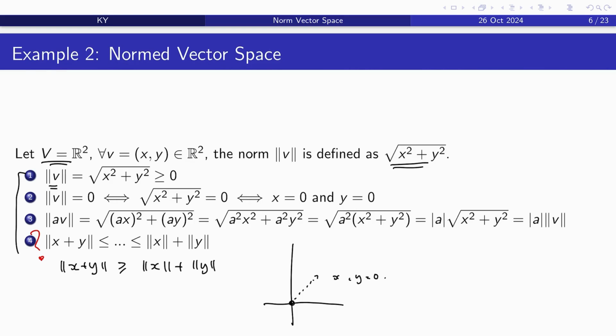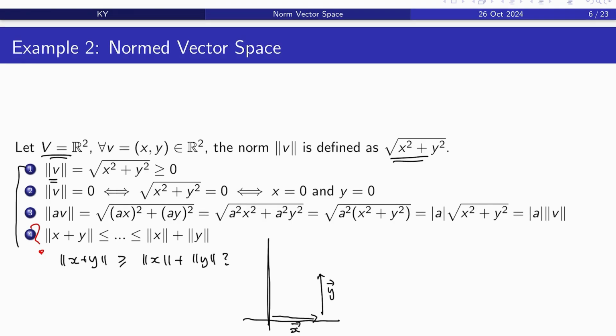So let me just remove this, and if we happen to have something like this, if we draw it in our map, let's put it in a visual way, you have your x vector right here and your y vector.